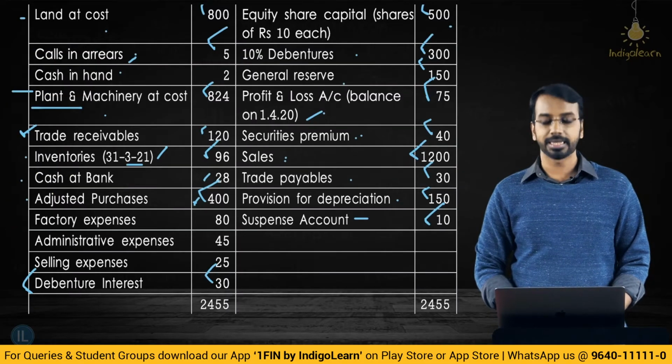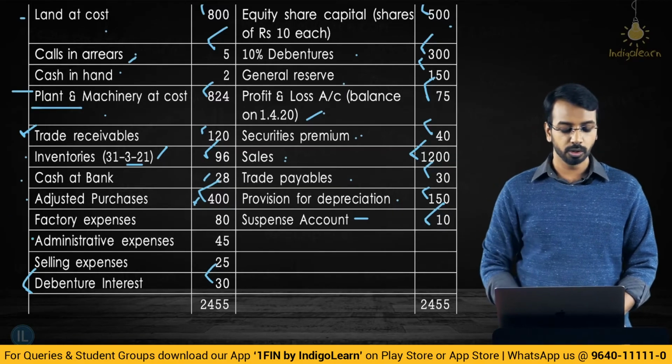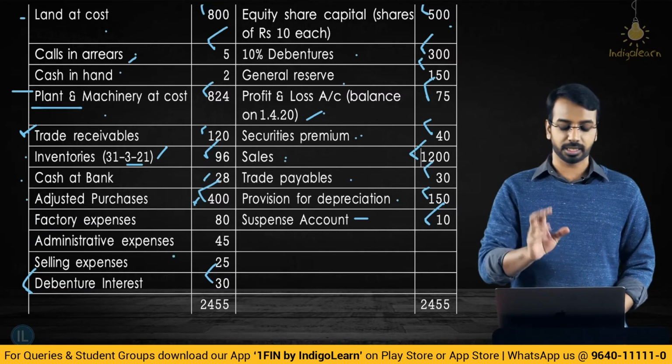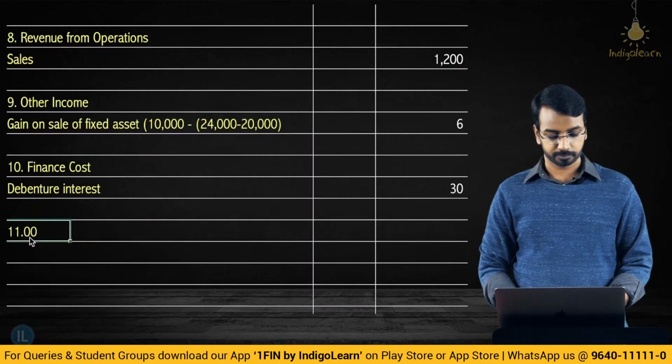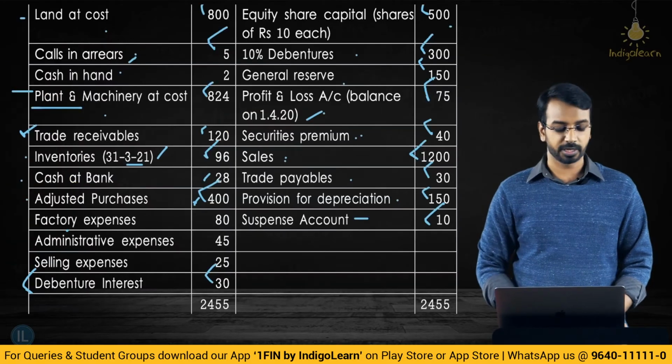Then after that, are there any other expenses which you have to specifically show on the face of the P&L? No. So what we'll do is selling, admin and factory expenses will combine and show them as other expenses. Other expenses, note number 11. What are the items of other expenses?